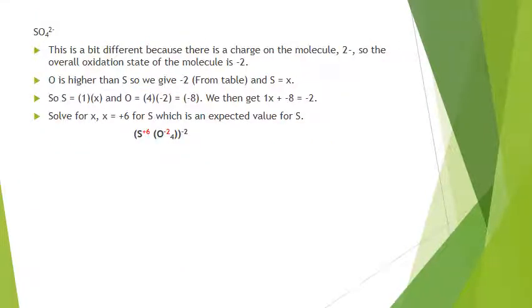Okay, sulfate. Sulfate's a little different because the overall ion has a charge of -2. Oxygen's higher than sulfur. In fact, sulfur's not even on the table. So we give oxygen -2 and sulfur X. Sulfur is 1 times X and oxygen is 4 times -2.